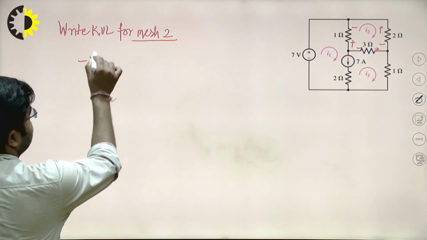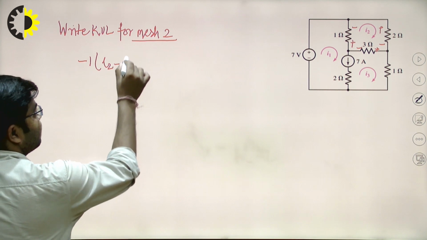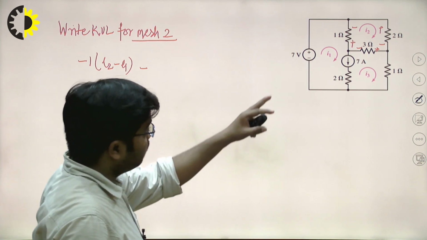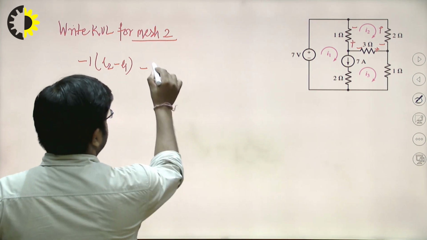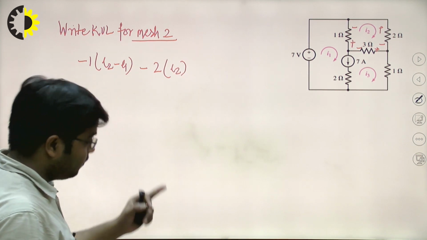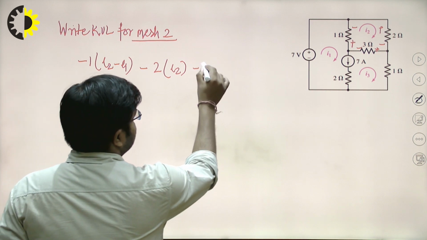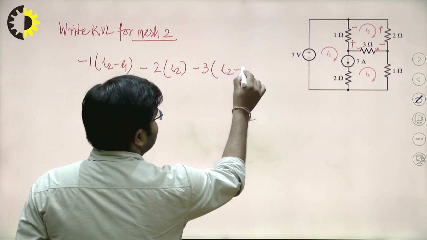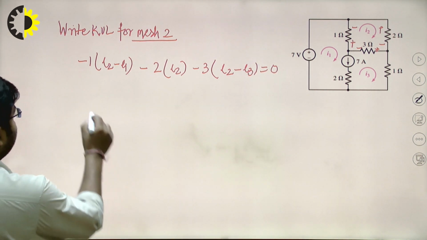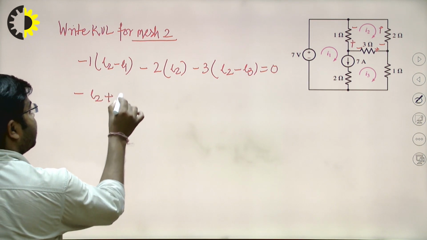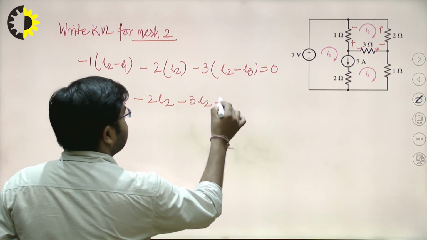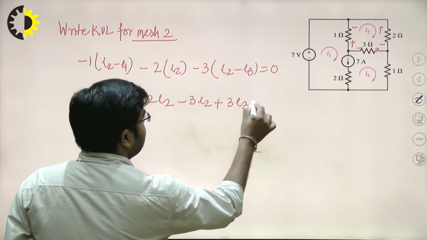So minus 1 into (I2 minus I1), then minus voltage drop across 2 ohm resistance, that is 2I2, then voltage drop across 3 ohm resistance. So minus 3 into (I2 minus I3), that is equal to 0. So you can write minus I2 plus I1 minus 2I2 minus 3I2 plus 3I3 is equal to 0.